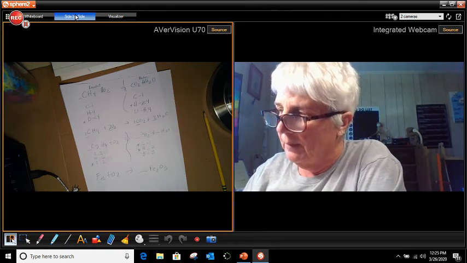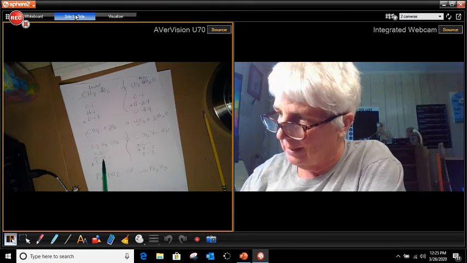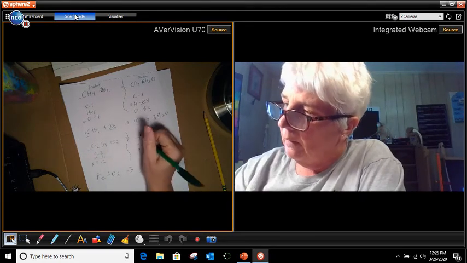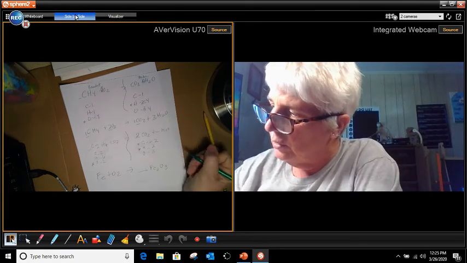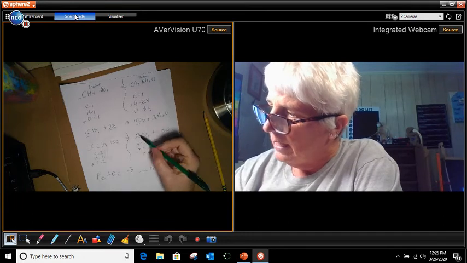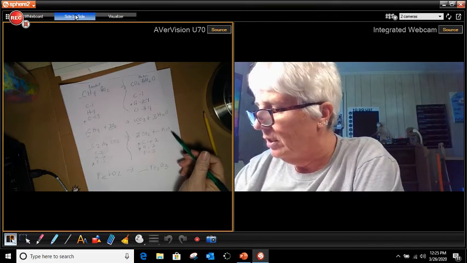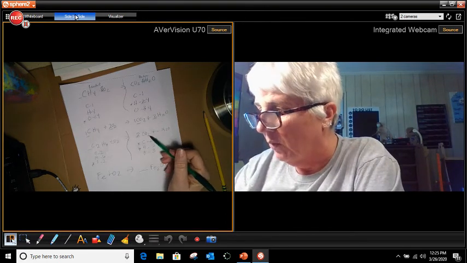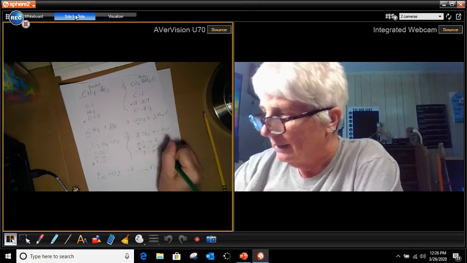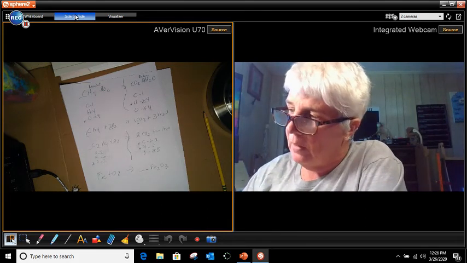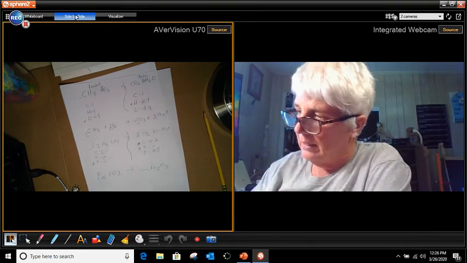So the first thing I need to do is make my carbon 2, my hydrogen 6. If I put a 2 in front of here, that's going to change my carbon to 2. My oxygen now has 2 times 2 is 4, plus 1, which right now is 5, isn't it? Okay? So my carbons are now equal, my hydrogens are not, and my oxygens are not.